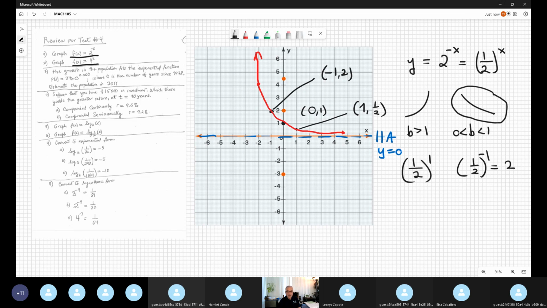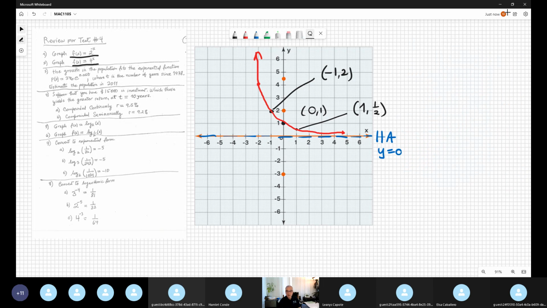Let's do the second example. Suppose it is the first question in the test, and I don't remember what the base is. Suppose now we are doing the graph of y equals 4 to the x.